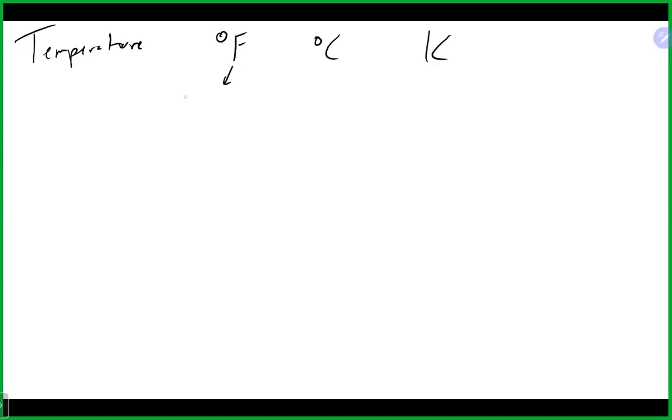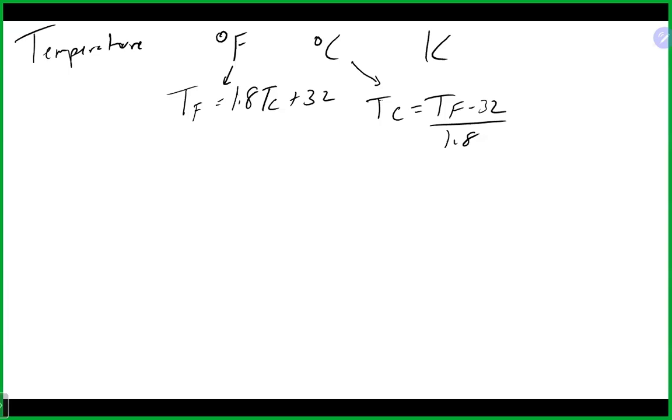If you have the temperature in Celsius and want Fahrenheit, the temperature in Fahrenheit is 1.8 times the temperature in Celsius plus 32. If you want Celsius, the temperature in Celsius is equal to Fahrenheit minus 32, divided by 1.8. You could also get Celsius by taking the Kelvin temperature and subtracting 273.15.